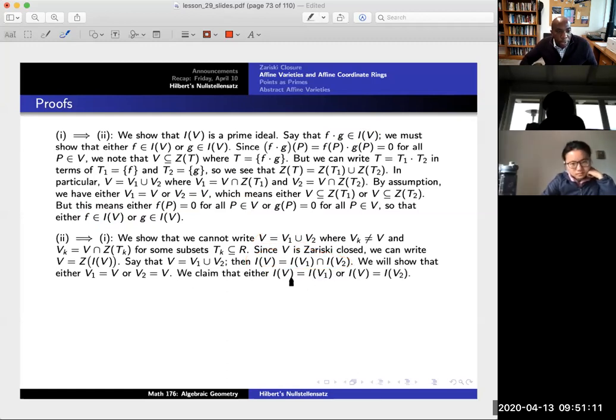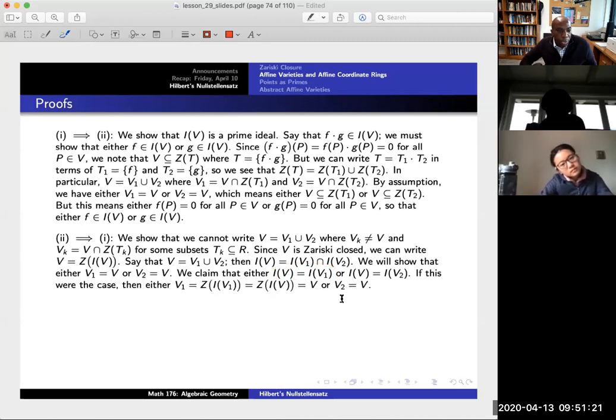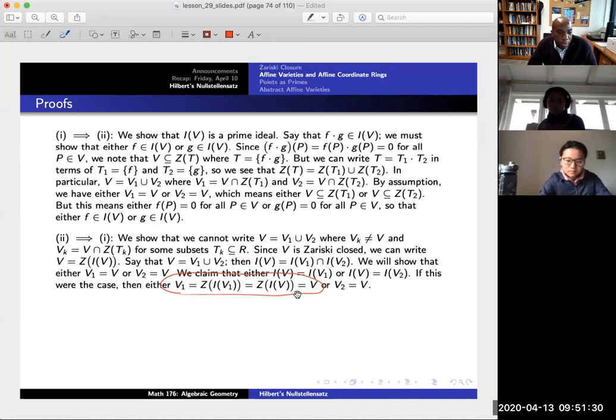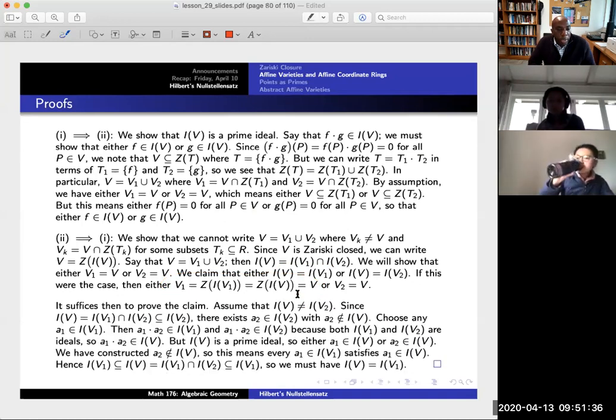And if I(V) is the intersection and I(V) is a prime ideal, then you actually find that one of these two has to happen. Right? That I(V) has to equal I(V1) or has to equal I(V2). And if that's the case, you actually see that V1 has to equal V, right? Because we're dealing with Zariski closed sets. So again, I'm not really going to worry about this for the sake of time. I'll just say that if you wanted to read through the lecture notes, then you can. But hopefully things here will make sense.